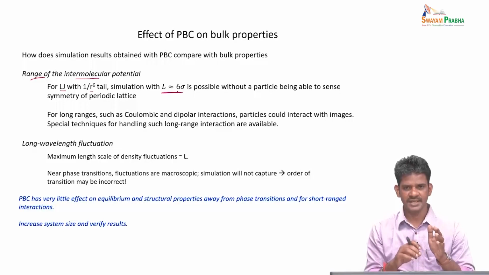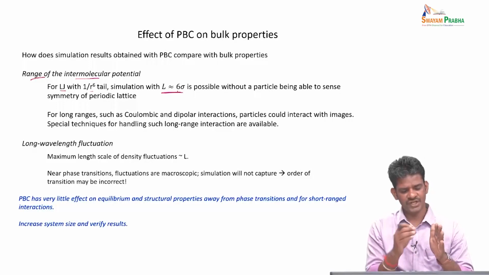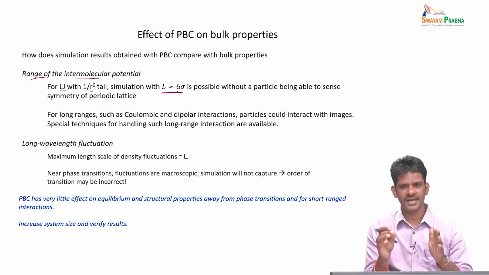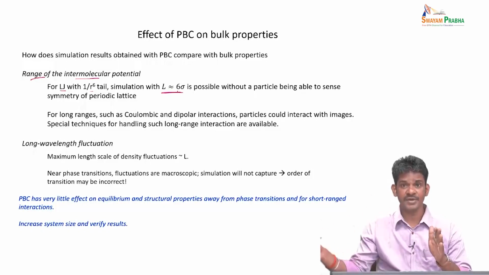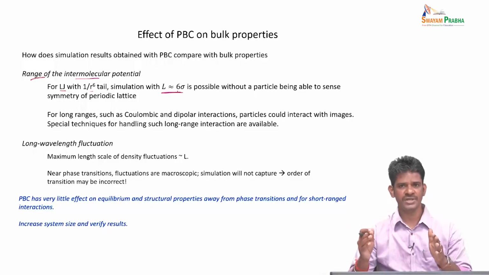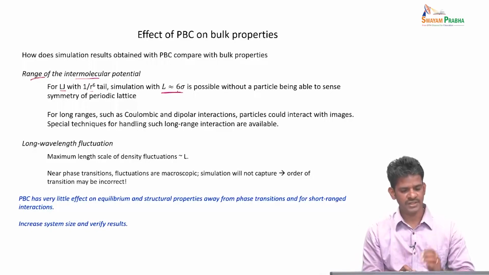When you have a very short-ranged potential that quickly falls, you can have a sufficiently small simulation system, and yet each particle does not really feel its images sitting in the neighboring boxes. So the periodicity of the lattices does not impose any structural effect on the properties of the fluid that we are predicting.